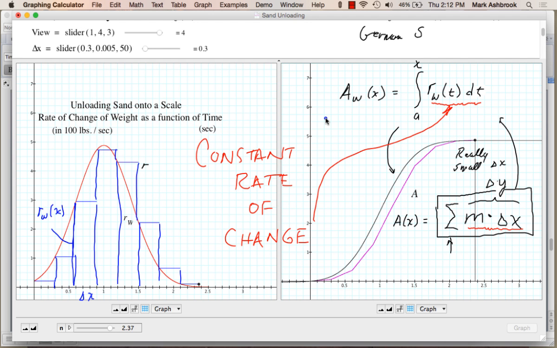So here's my question. What does area have to do with weight of sand? Nothing, right? It's only coincidental that this works out this way because of the way that we graph things in rectangular coordinates.